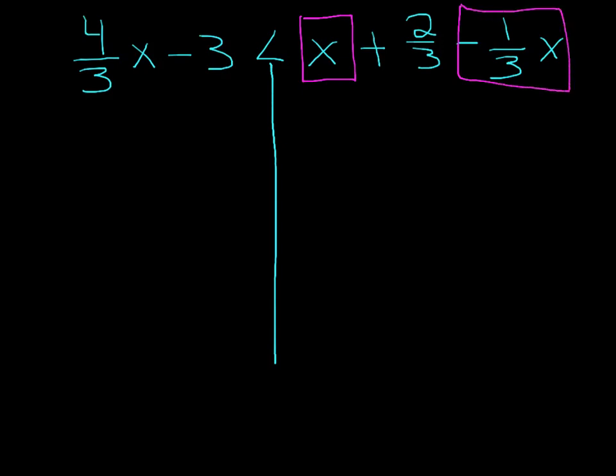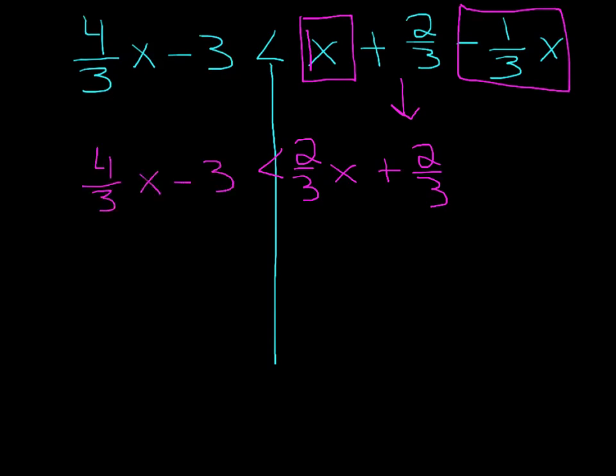And here we have x minus 1/3 x. So 1x minus 1/3 x is 2/3 x, and then we have this second 2/3, and then the other side we still have 4/3 x minus 3.